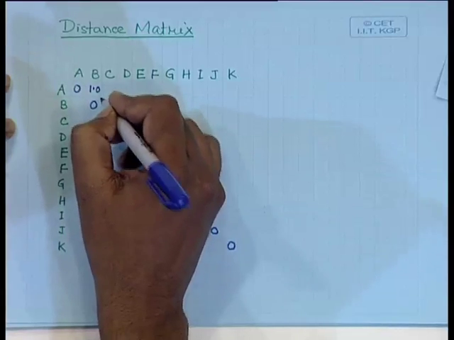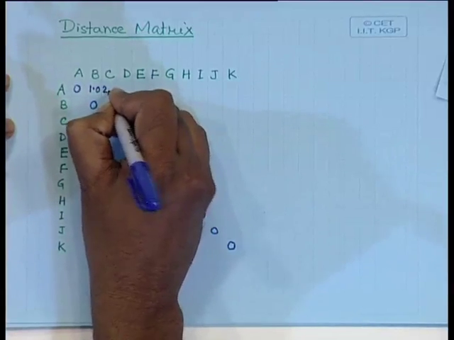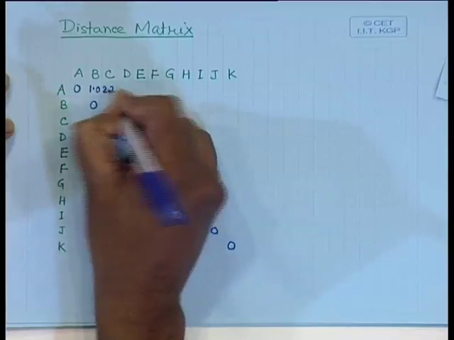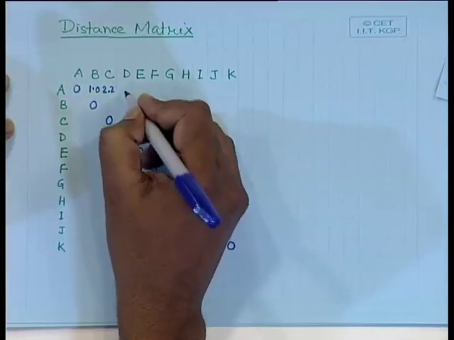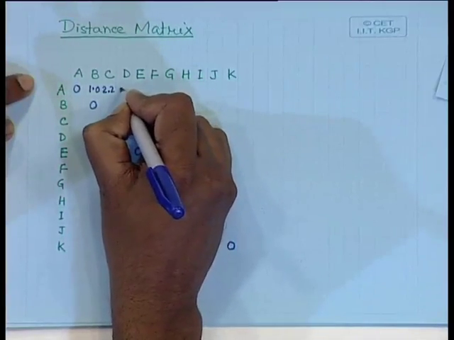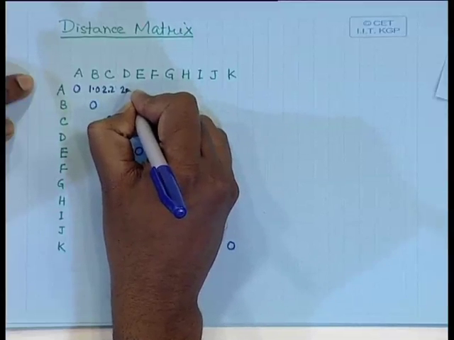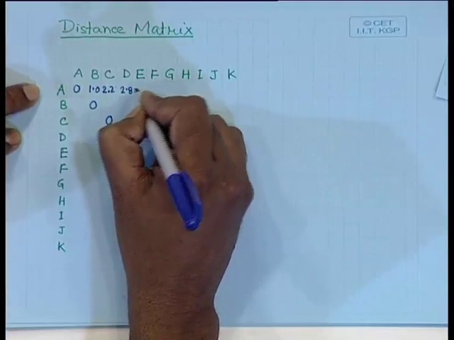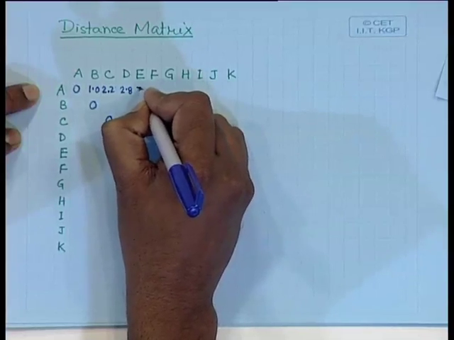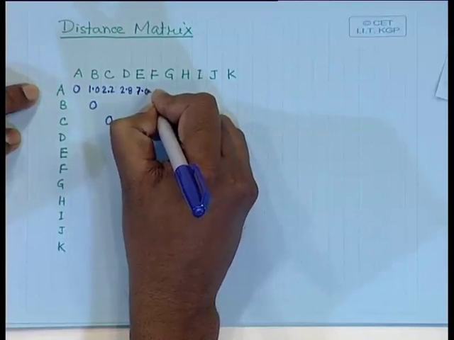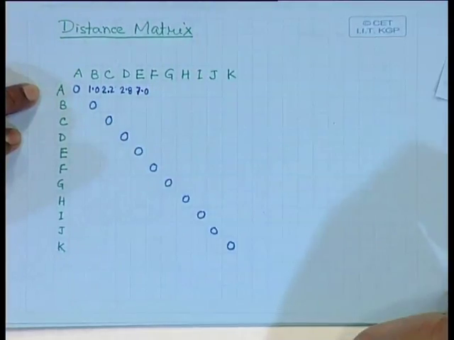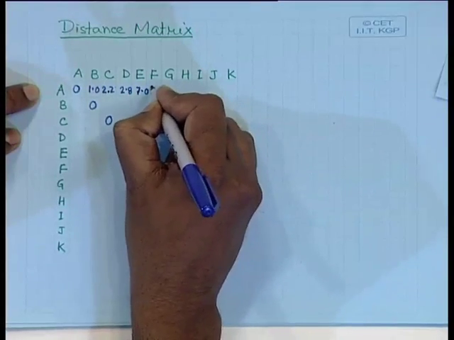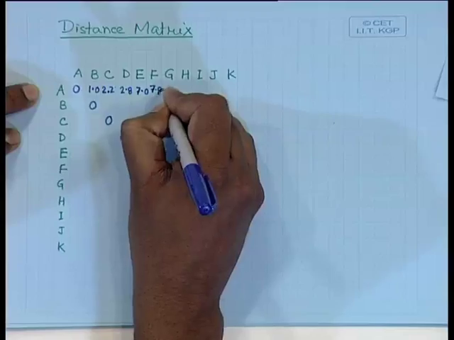Between A and C, it will be 2.2. I will go up to the first digit. Okay. Then between A and D, it will be 2.8. Between A and E, it is 7.0. It is actually 7.07, but I am putting 7.0. Okay. A and F, it will be 7.8.